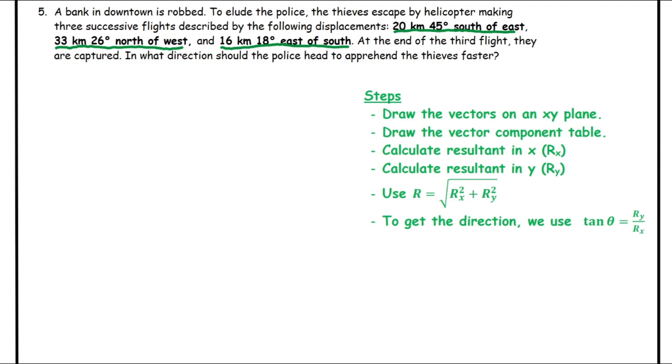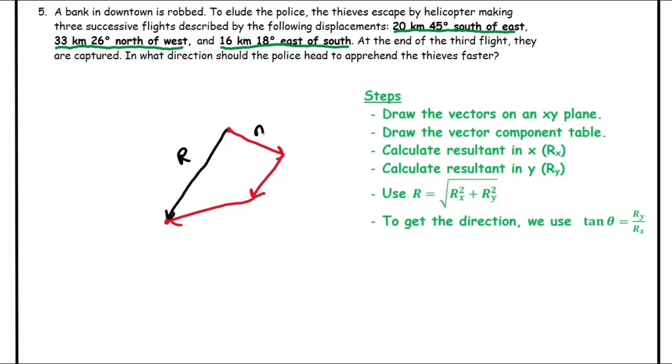Okay, let's think of it like this and understand what the question is asking us. Picture the thieves start here and they make 3 successive flights with their helicopter. One is in this direction, another is in this direction, the third is in this direction. This is their final position. For the police to apprehend the thieves faster, the police have to go straight, which means they have to know the resultant.